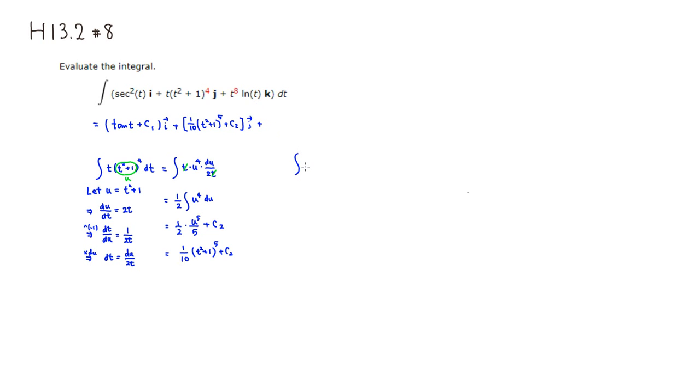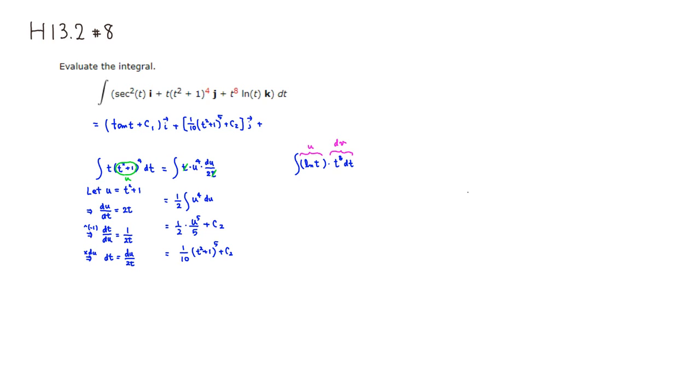I'm going to actually write natural log of t first, and then I'm going to put the t to the 8th dt. So we're going to have to use integration by parts. I'm going to take this as u, maybe in a different color, and the rest as dv.